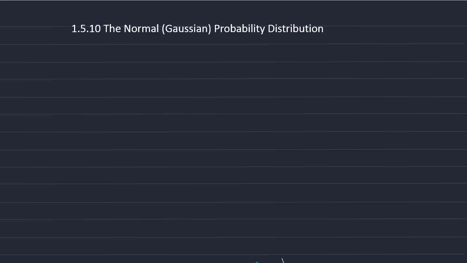So the PDF for a normal distribution is defined as little p of x is equal to 1 over sigma, which is the standard deviation, over the square root of 2 pi, times the exponent of minus 1/2 times x minus mu over sigma, all squared.